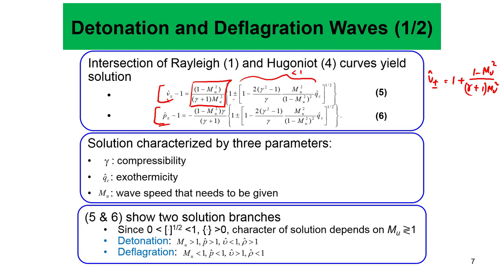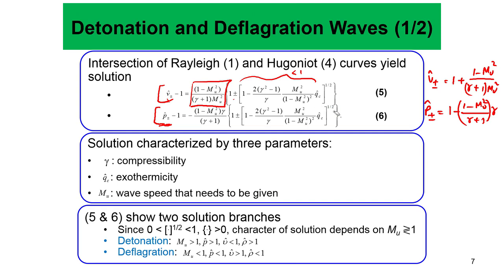Similarly for P cap, the sign part is given by 1 minus mu square divided by gamma plus 1 times gamma, because by the same argument this part has to be less than 1. Otherwise, 1 minus this thing would be negative and it would be imaginary because of this square root.